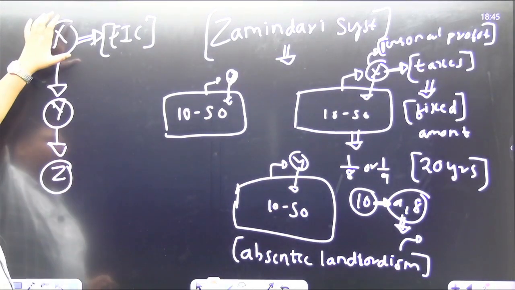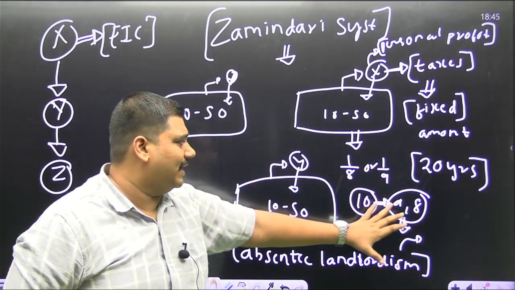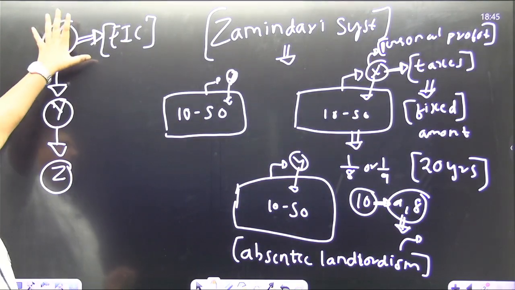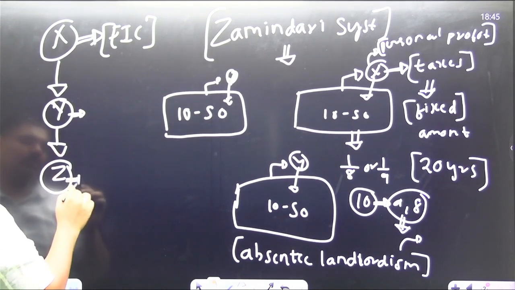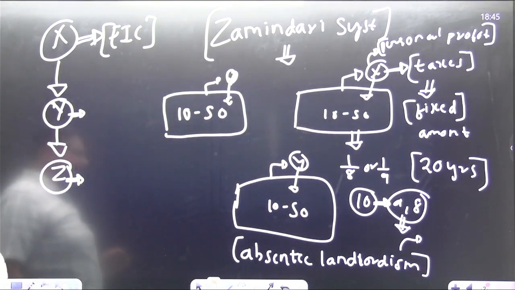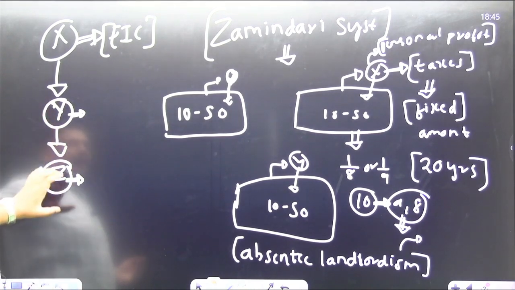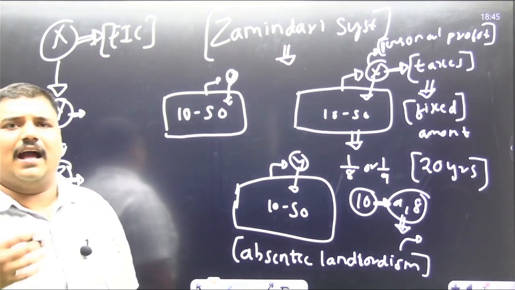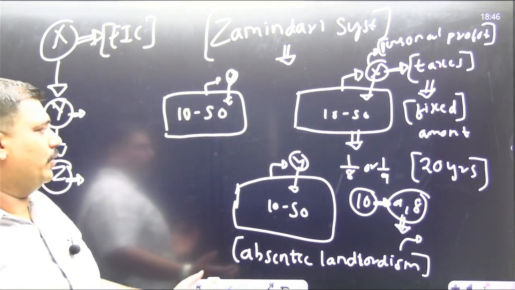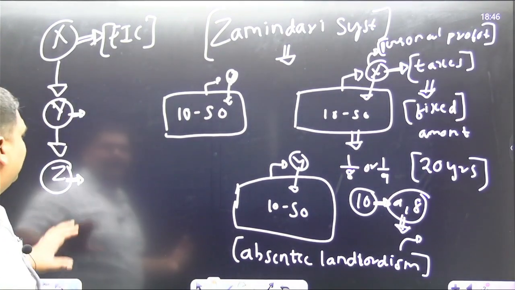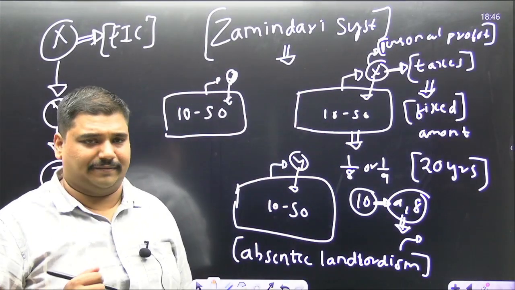We know X was exploiting the cultivators in a great way, looking for personal profit. The same ideology was followed by Y and Z. These other absentee landlords began collecting a greater amount of produce as tax, which led to the decimation of the zamindari system.